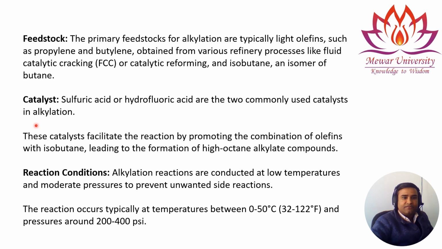These catalysts facilitate the reaction by promoting the combination of olefin with isobutane, leading to the formation of high octane alkylate compounds. Small chain, low molecular weight olefins like propylene or butylene are combined in the alkylation unit in the presence of a catalyst like sulfuric acid or hydrofluoric acid, leading to the formation of high octane alkylate compounds.